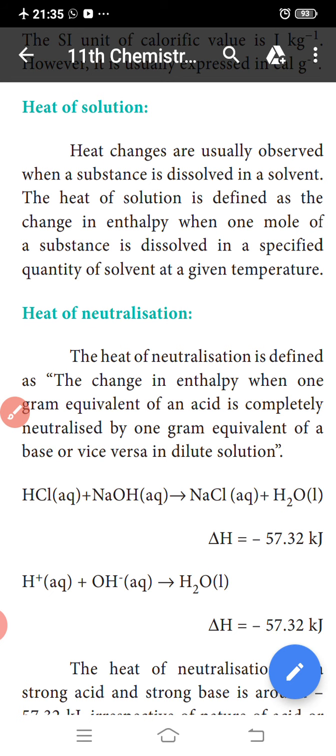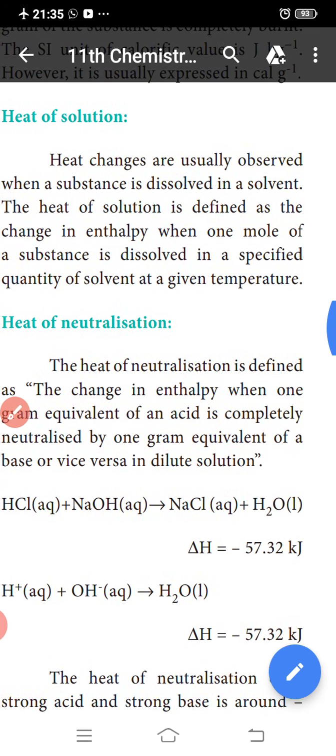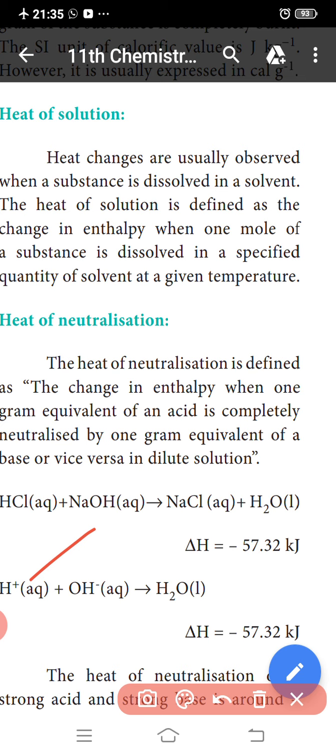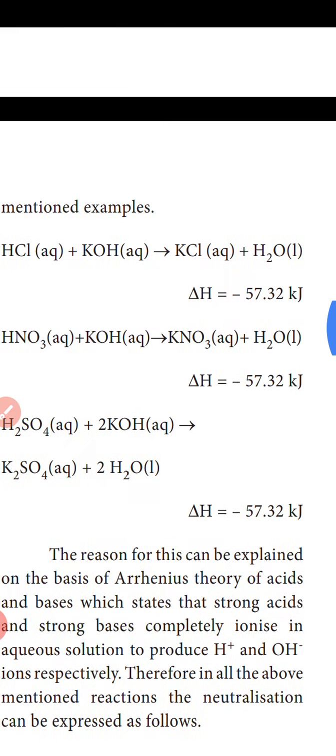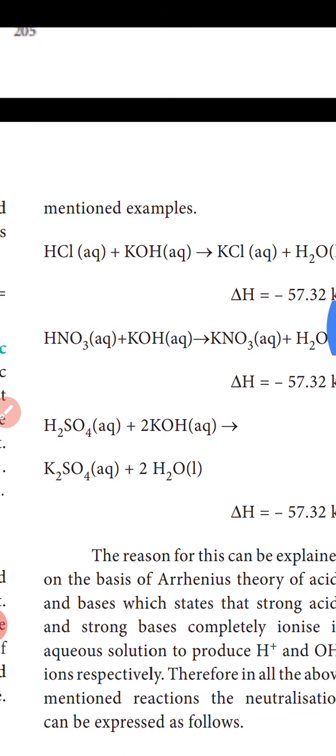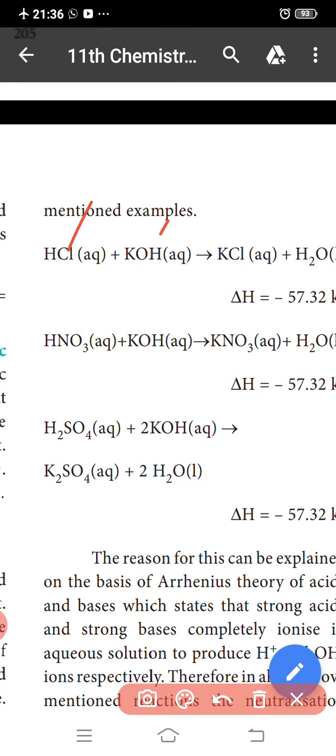The heat of neutralization of a strong acid and a strong base is around minus 57.32 kilojoule, irrespective of the nature of the acid or base used, as shown by the following examples. This is a strong acid and a strong base.